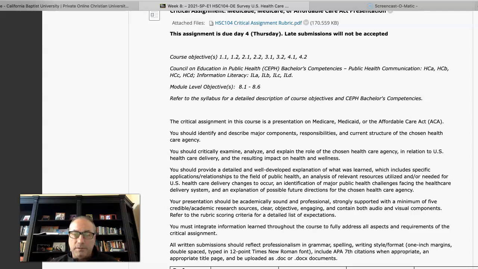It includes specific applications, relationships to the field of public health and healthcare in general in the United States, an analysis of relevant resources and what's needed for change to occur, an identification of major challenges that face the healthcare delivery system, and an explanation, as we've discussed in the lectures and in some of the additional reading I've provided, that also helps provide a full context picture of those challenges in comparison to other countries' systems.